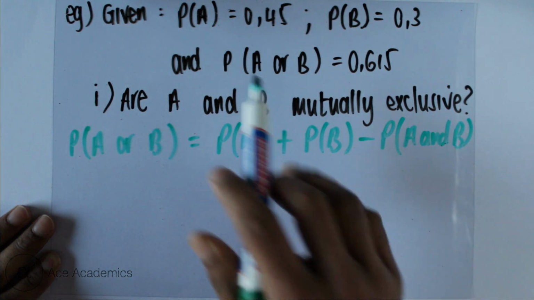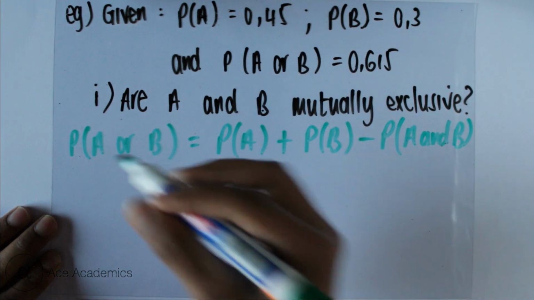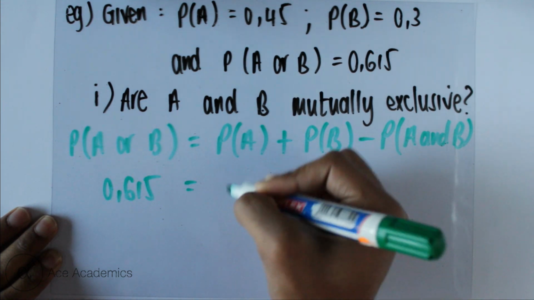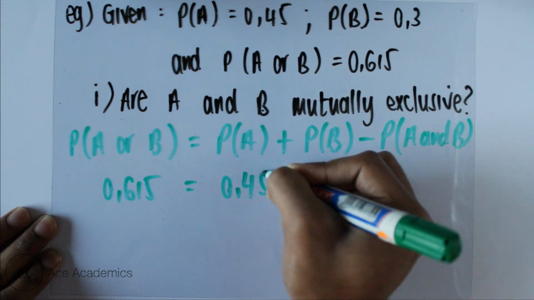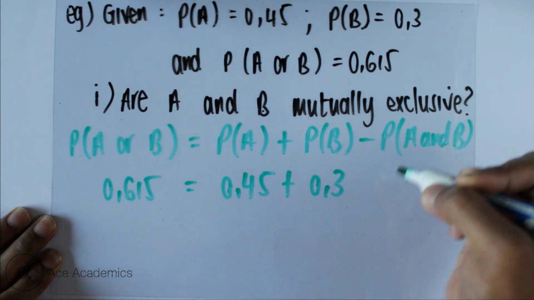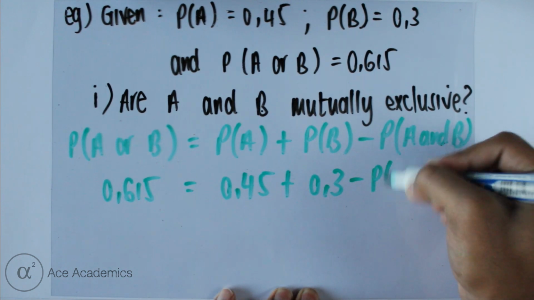Now we simply have to input the values that they gave us in the question. The probability of A or B is 0.615, the probability of A is 0.45, the probability of B is 0.3, and the probability of A and B is what we are solving for.